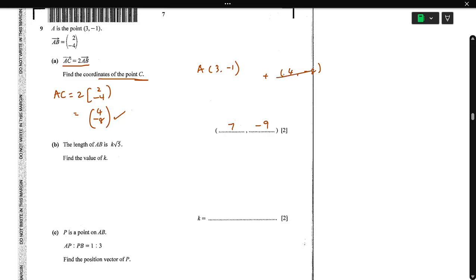So it's a transformation, x moved 4 units right and y moves 8 units down. So we'll get this coordinate.